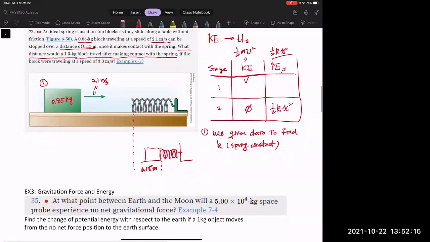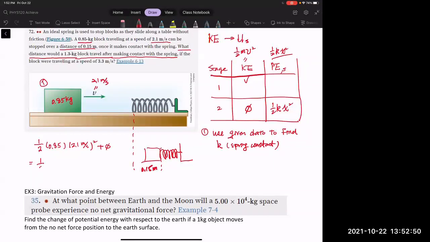I didn't calculate this, but it's very straightforward. Let me just write down the first one. If you try to solve for the K, this is what you are going to do. You have a kinetic energy at stage one, which is 1/2 m v squared, with m is 0.85 and v is 2.1 meters per second. So that is the kinetic energy at the beginning. The potential energy at the beginning is equal to 0, and that will be equal to the final one.